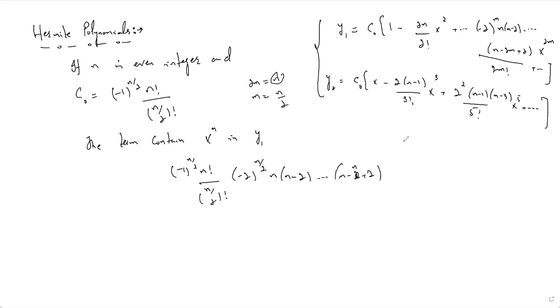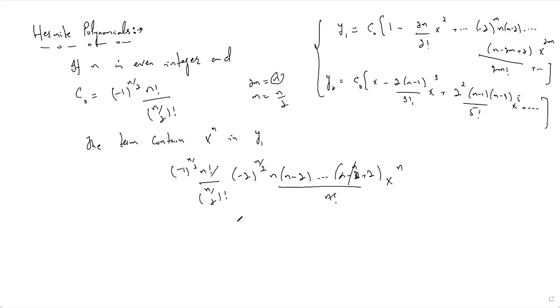So this is divided by 2m factorial, which is n factorial, then x raised to power n. Now if you look at all these terms, they will just cancel out and we will just have a 2. Here n and n will cancel, and n factorial will cancel with n factorial, and n by 2 factorial with minus 2 raised to power n by 2.